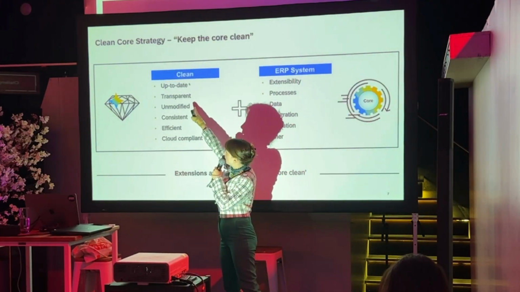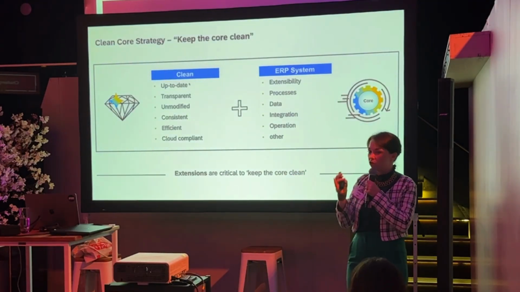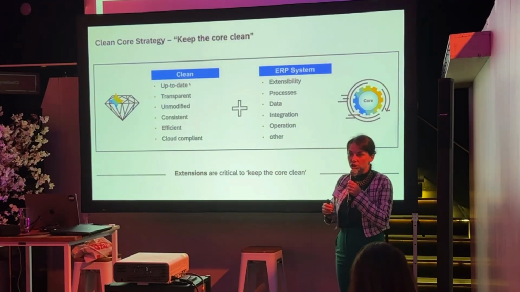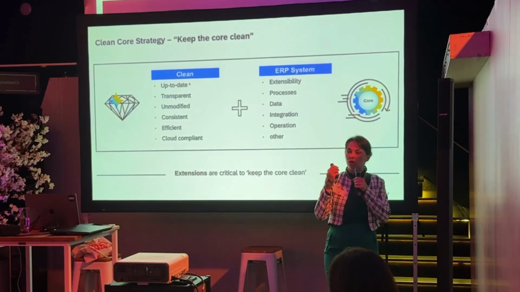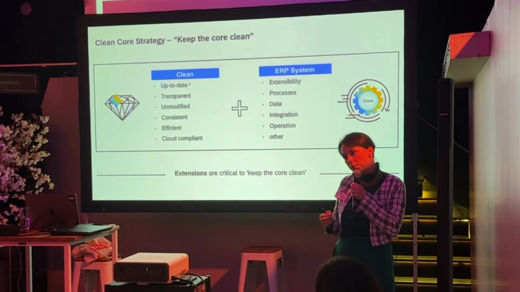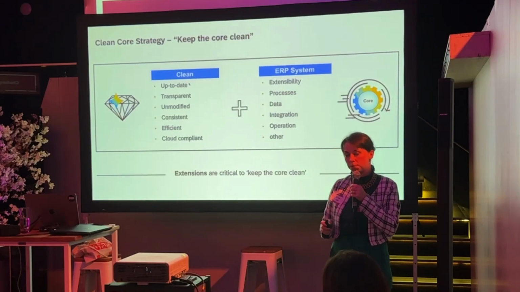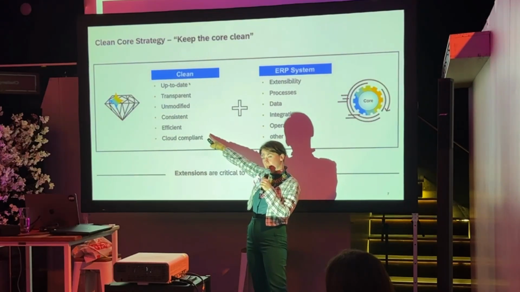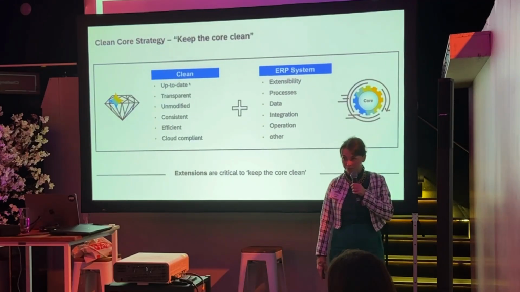What we mean by clean is that you're always up to date on your latest version, that you're very transparent in terms of things that you're using or not using, that you're very efficient, and so on and so on. Other things that enable you are in your ERP system: easy extensibility options, so that you can process your data integrations and everything in your ERP system. Because when you try to keep the core clean, these things enable you to process them in a much easier and faster manner.